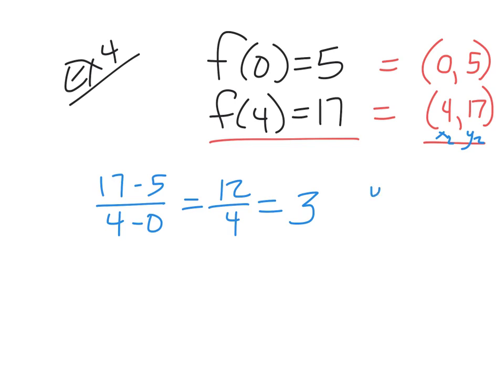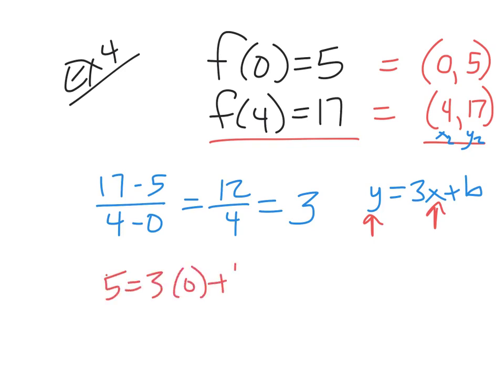So now we have y equals 3x plus b. So now we need to do that other method I told you where we plug in one of the points for x and y so we can solve for b. Which point would you like to plug in? Yes, the 0, the 5. Very good. This is going to make the math easy. So we're going to say 5 equals 3 times 0 plus b.